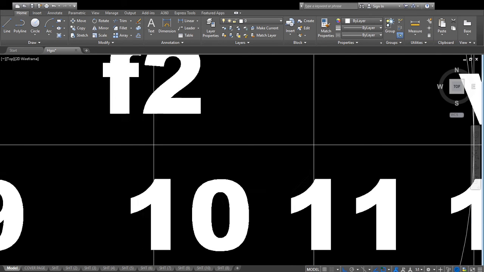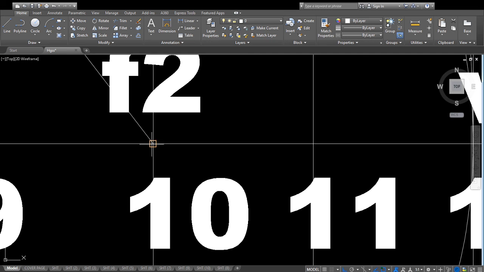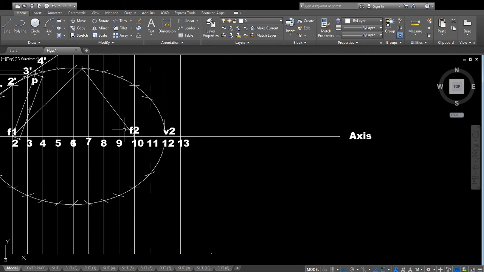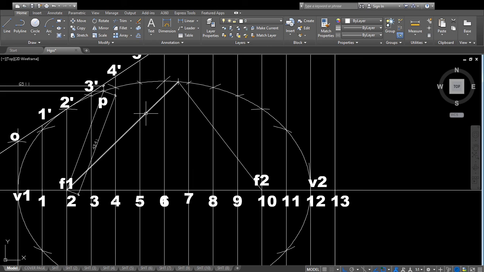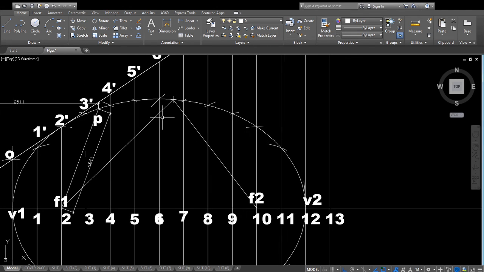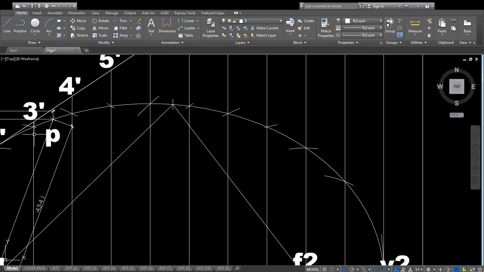What do we call this point now? Can we call this point Q? Let's call this point Q.